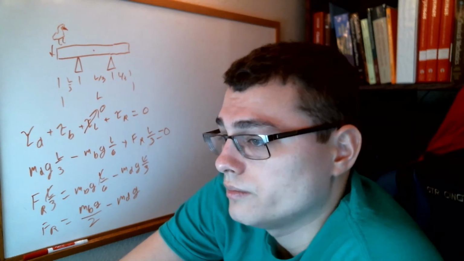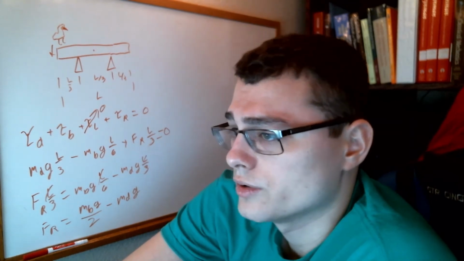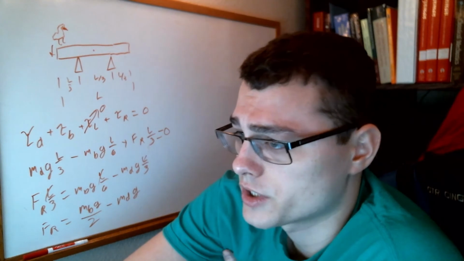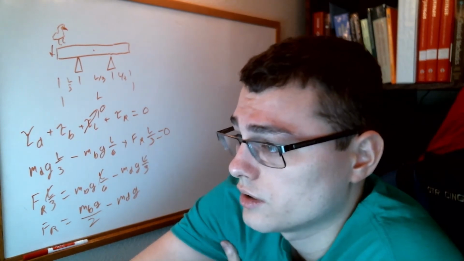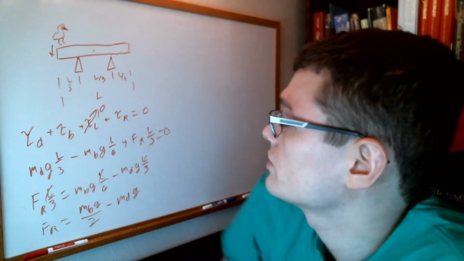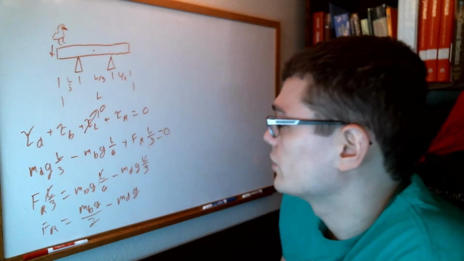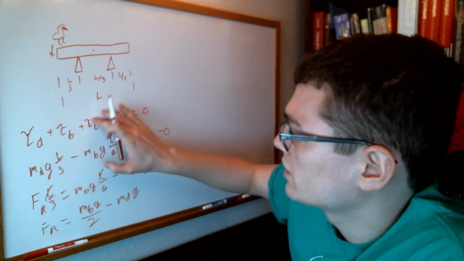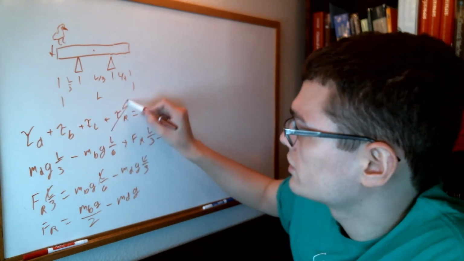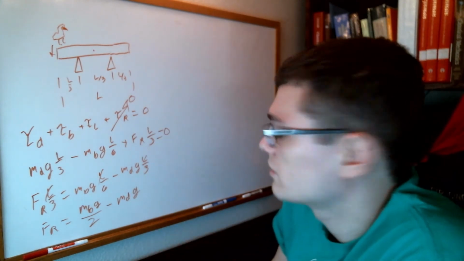And so now what we can do is they want to enter an expression in terms of defined quantities and G for the force of the scale that the left pillar shows. So now we're taking it from a different point of view, and so this time this is going to be the one that goes to 0.